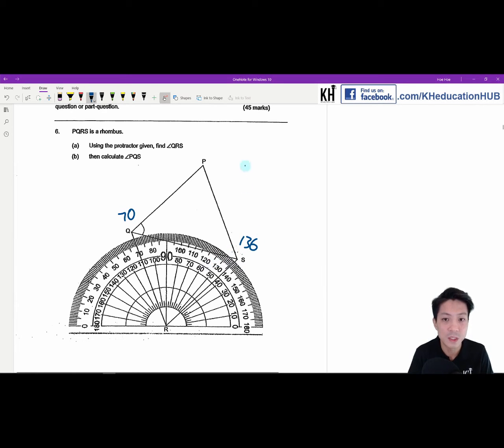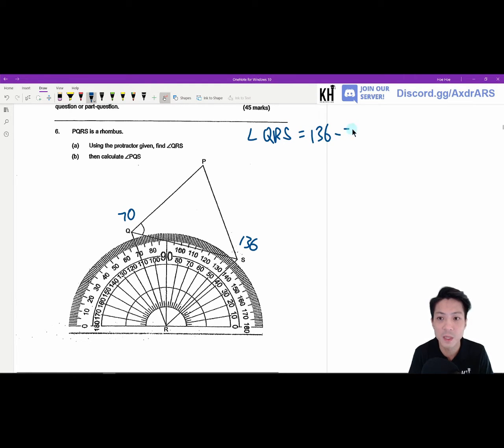So angle QRS is 136 minus 70, which is going to give me 66 degree. This is for part A.